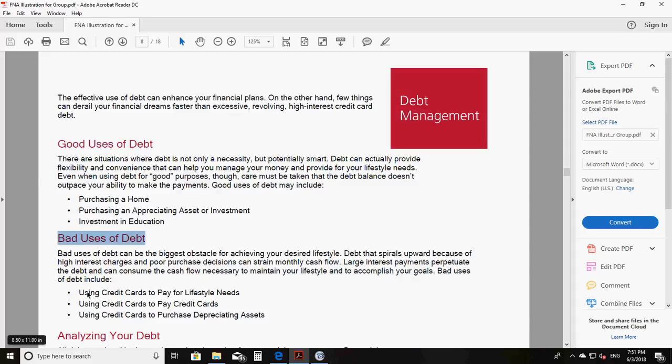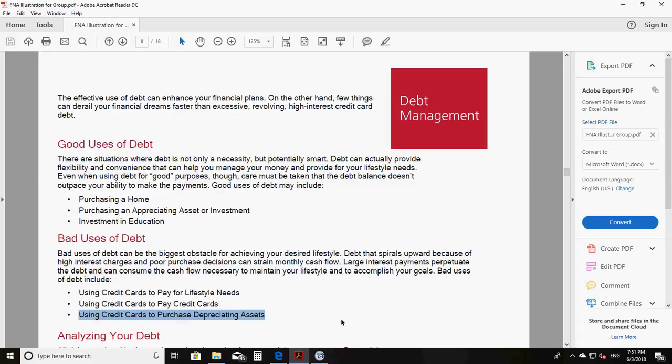Bad uses of debt, we really highlight credit cards here: using them to supplement negative cash flow, to pay for lifestyle needs. The debt balance gets bigger, the amount needed to service it gets bigger, and one day we're not able to service that debt. Credit cards to pay other credit cards, that obviously is not going to be a game that lasts very long. And then credit cards to purchase depreciating assets. This is a big problem.